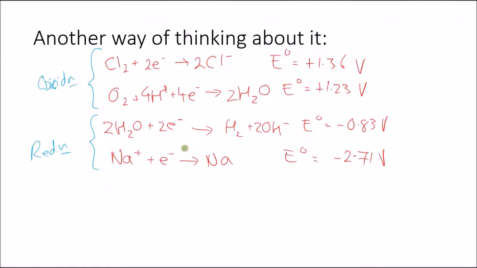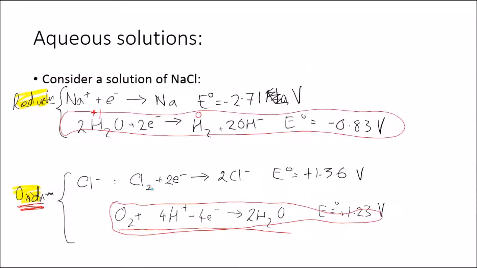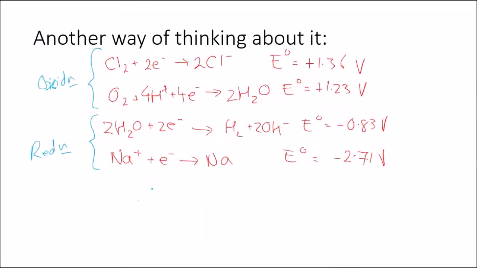What you may have noticed, if we go back a page, is that the reactions that ended up being favoured based on the electrochemical series are the two middle ones. When we look at our oxidation reactions, we're looking at the stronger reducing agent, so of these two reactions, it's the one that is lower in the electrochemical series.